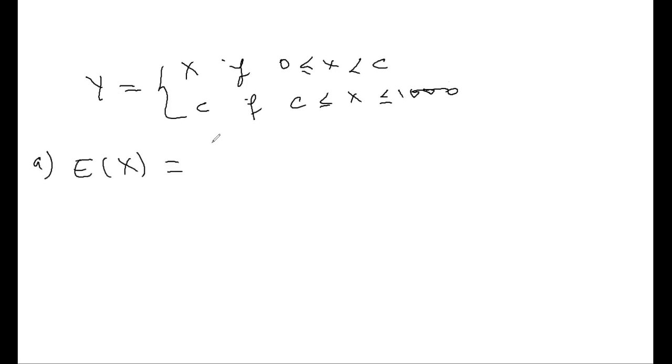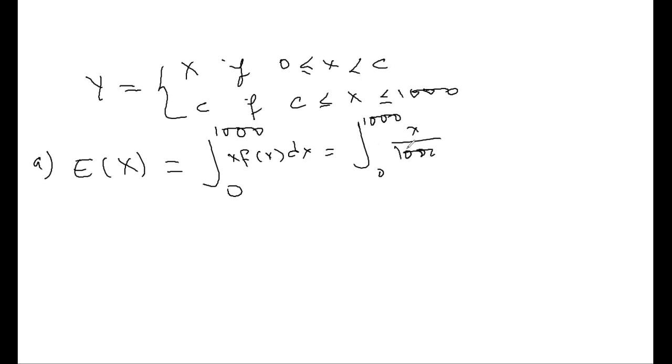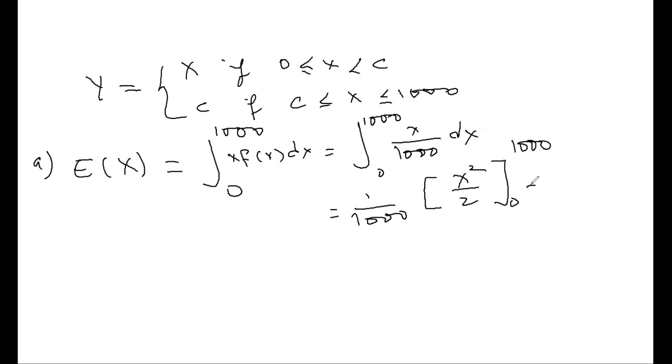Expected loss: the integral from 0 to 1,000 of x times f of x dx, which is the integral from 0 to 1,000 of x over 1,000, which is equal to 1,000 squared over 2,000.